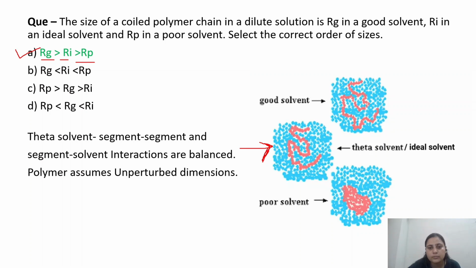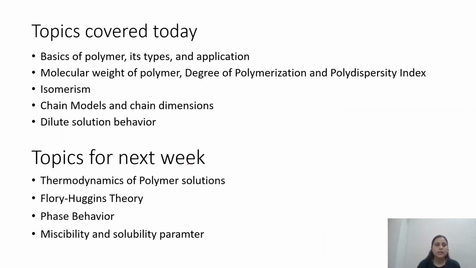So today we have discussed the basics of polymers and its types, like homopolymers, copolymers, linear polymeric chains, branched polymeric chains, and the applications where these polymers are used in our day-to-day life.